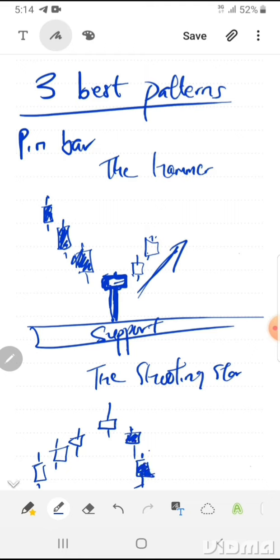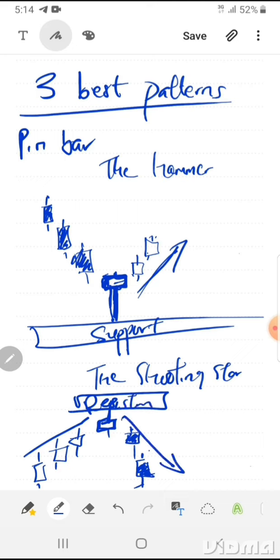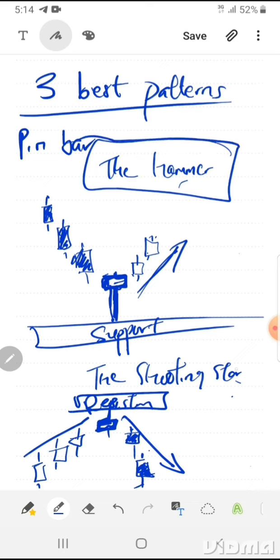The market goes upward, it forms a shooting star or a resistance, then the market comes what? Downward. Can you see it? This is a candlestick pattern. These two are called what? The pin bar. This indicates that the market will go up after seeing it. This indicates that the market will come down afterwards seeing it.